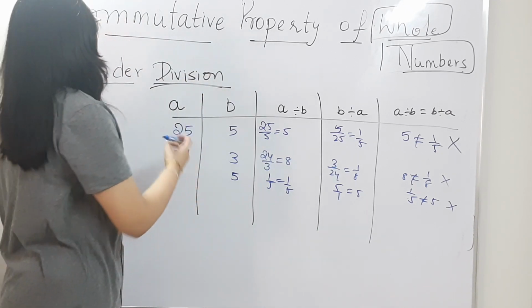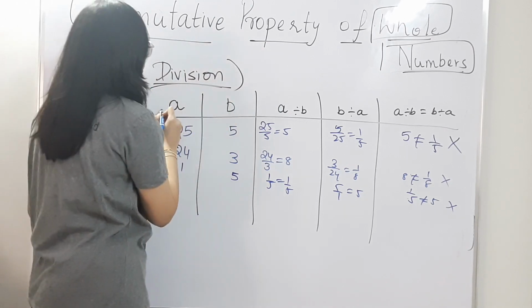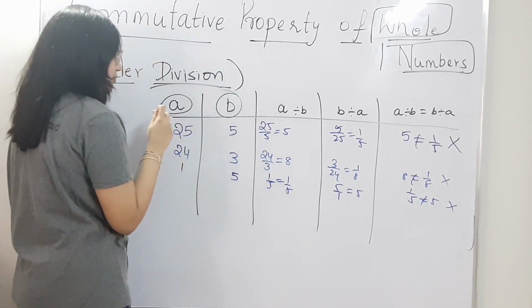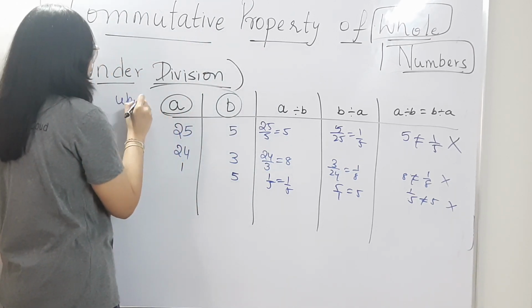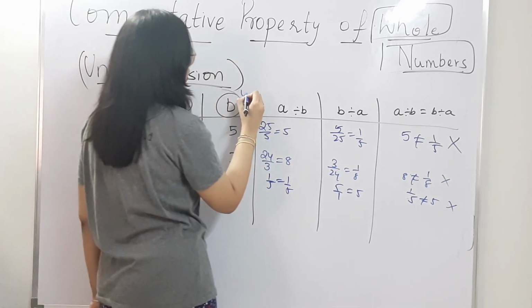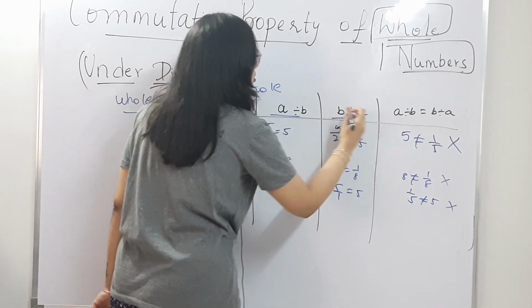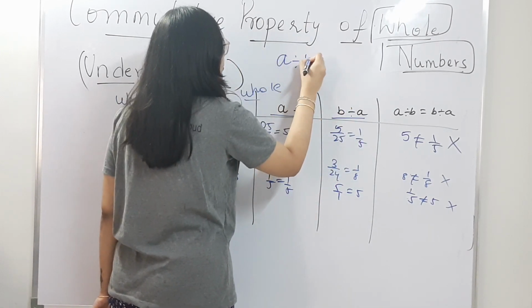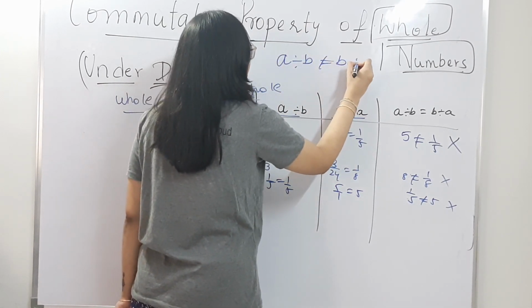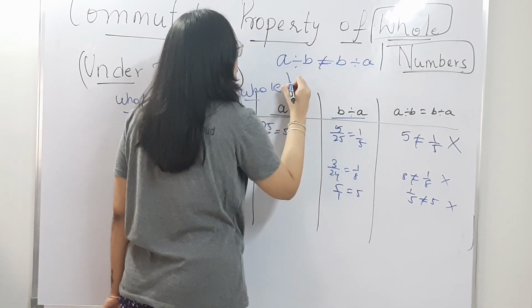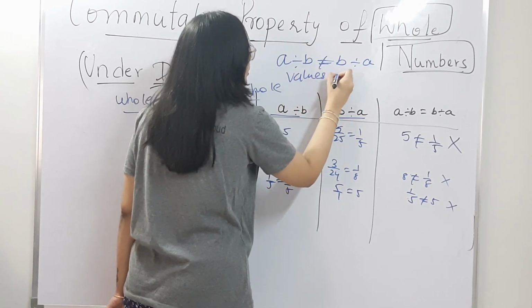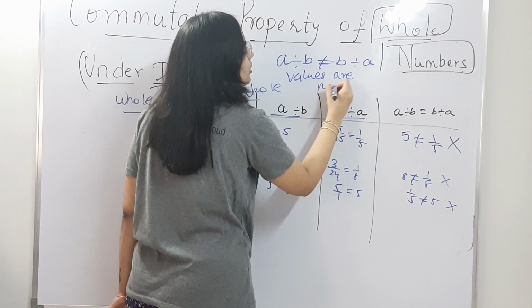That means even though we take A and B as whole numbers, if we try to divide and change the order of the division, A divided by B is not equal to B divided by A. How did we say this? Because the values are not equal.